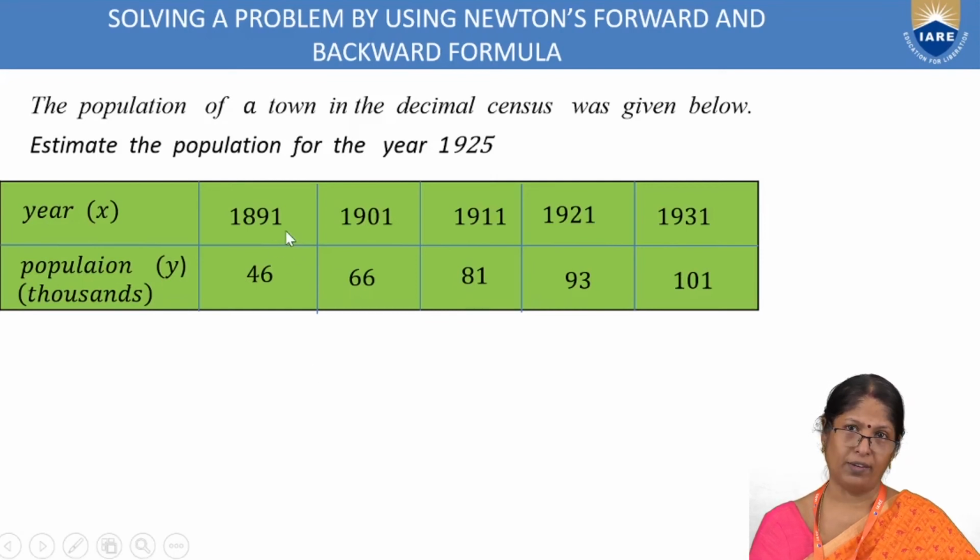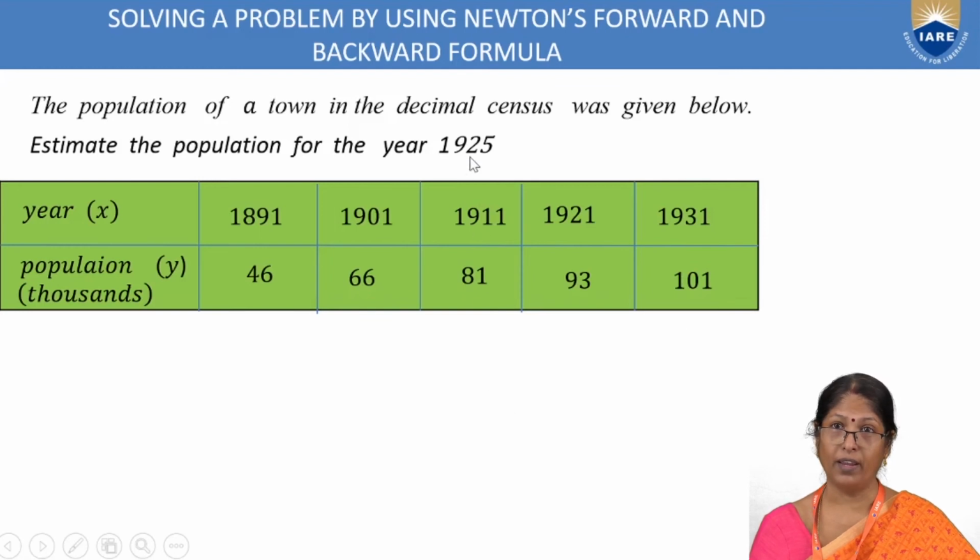In the year 1891 the population is 46, in 1901 it is 66, in 1911 it is 81, in 1921 it is 93, and in 1931 it is 101.